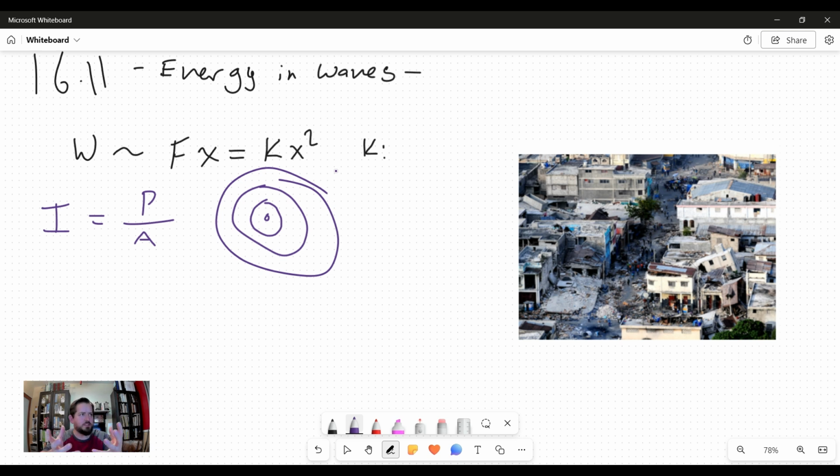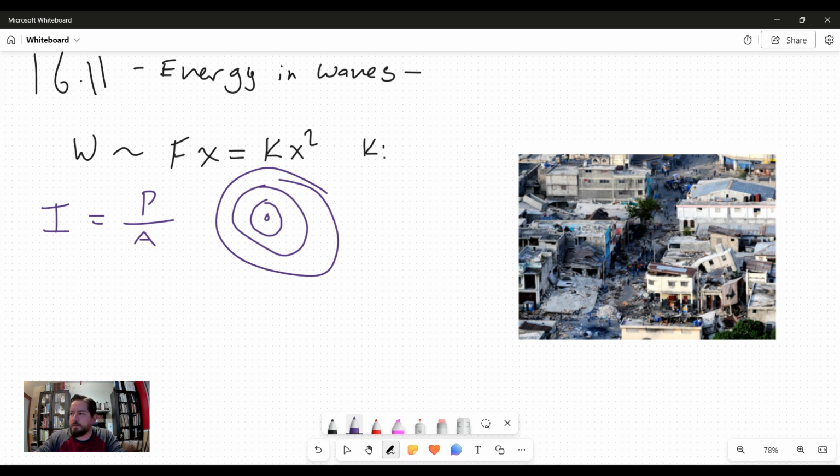In three dimensions it would be a sphere, so you have the surface area of the sphere, and the bigger those get, the less and less the intensity of that wave that one might experience.